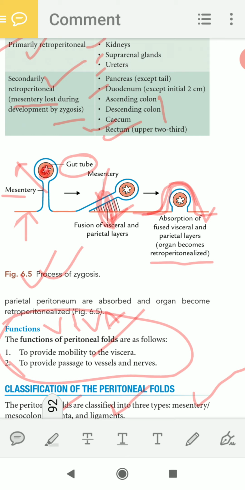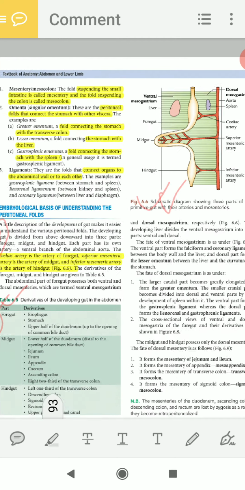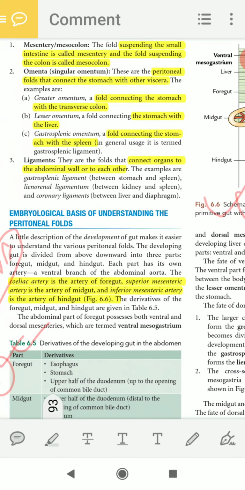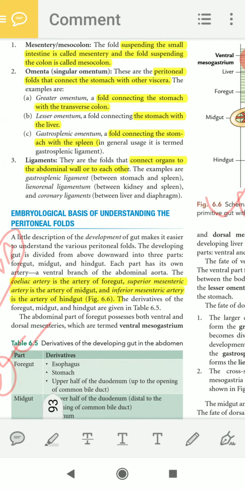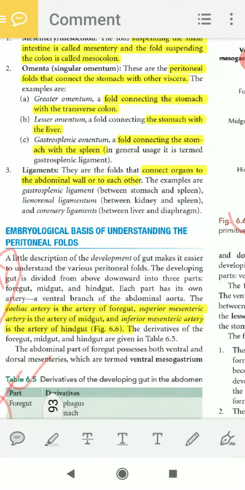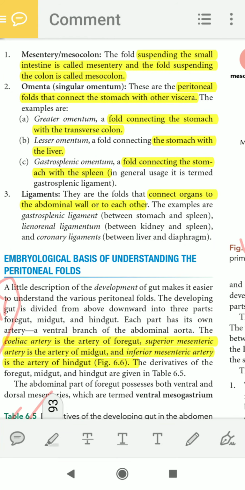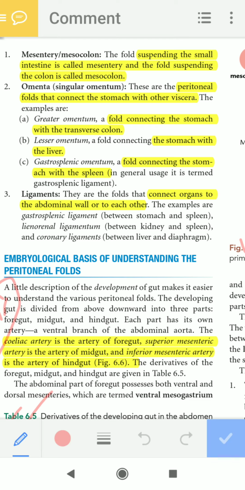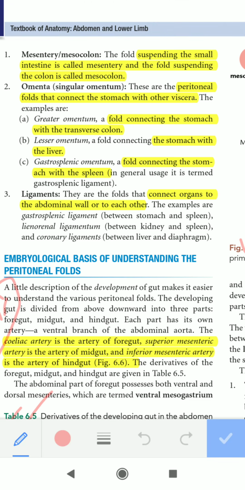Now we will learn some other peritoneal folds, or the classification of the peritoneal folds. We already studied the mesentery. So what is mesentery? The mesentery is a peritoneal fold that suspends the small intestine.